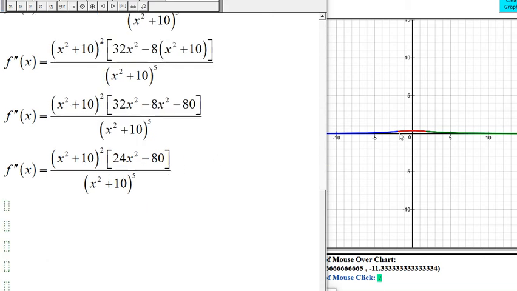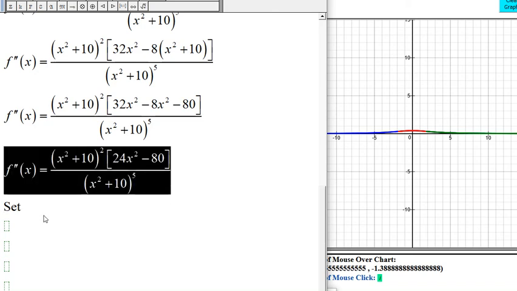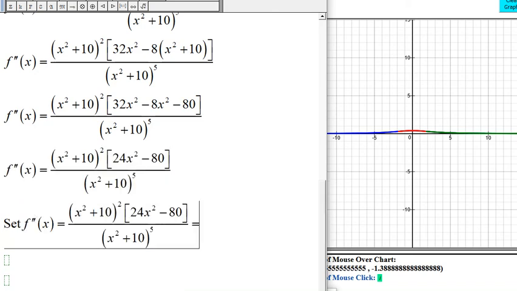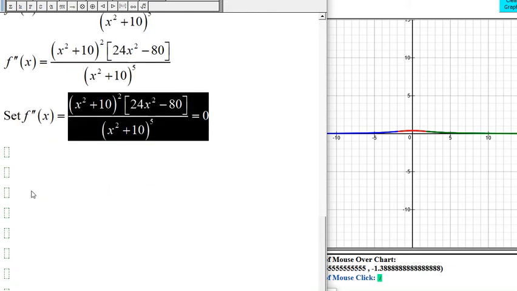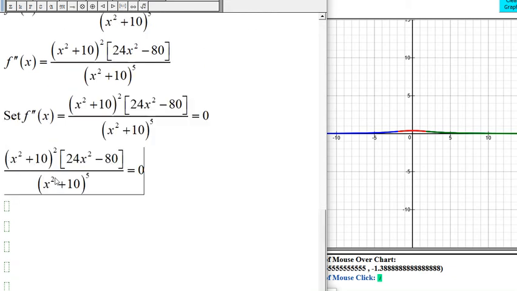And now to find the points of inflection right here, we set the second derivative equal to 0. And so we have this part right here equal to 0. Notice the following: the bottom will never be 0, because x squared plus 10 will always be greater than 0.